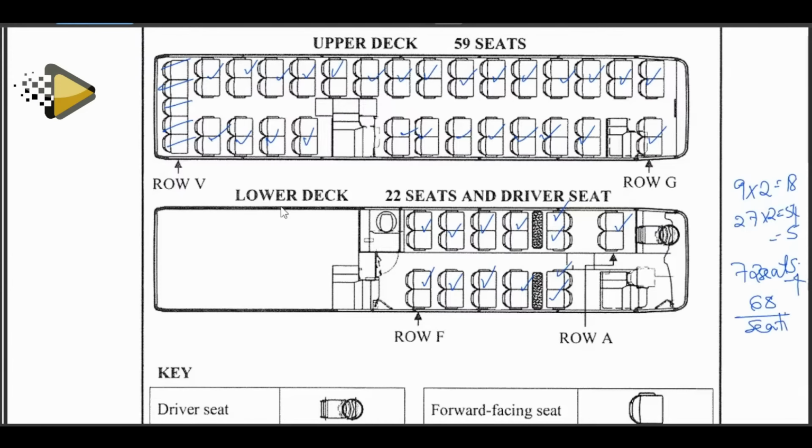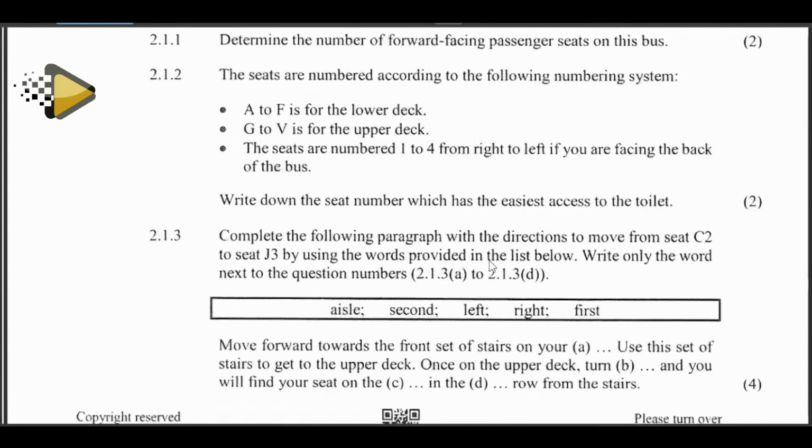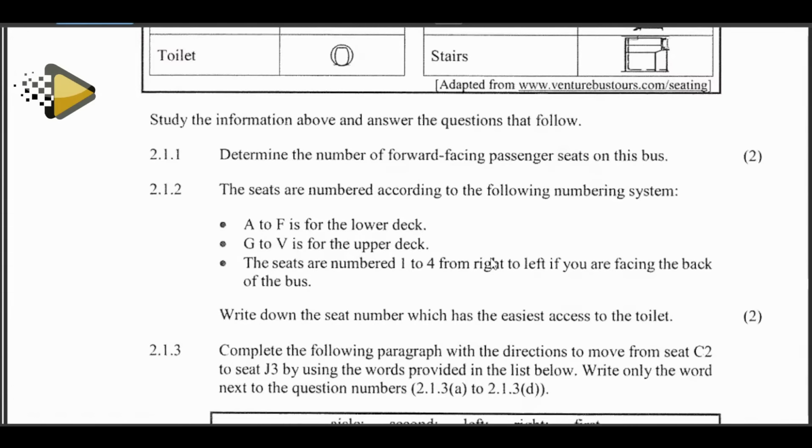Seats facing forward. Determine the number of forward seating. We've just done that. We found out the answer is 68 or 69. One of the two, depending on the counting.